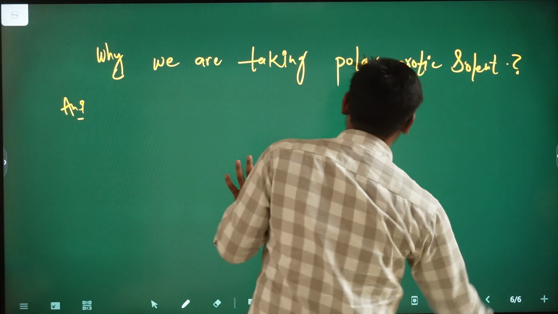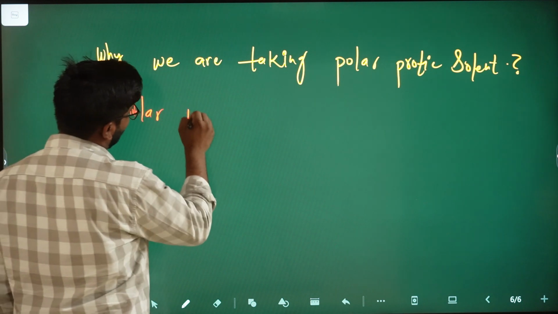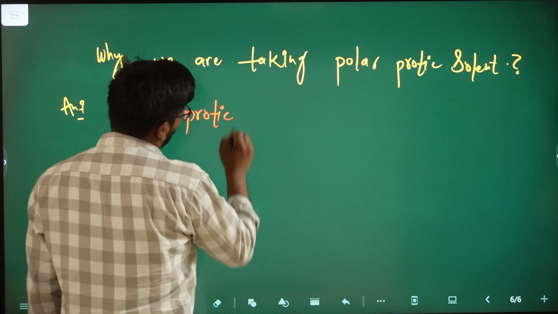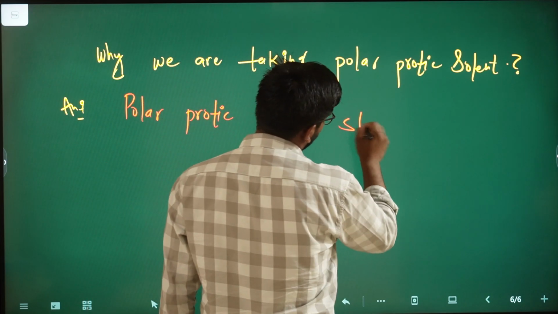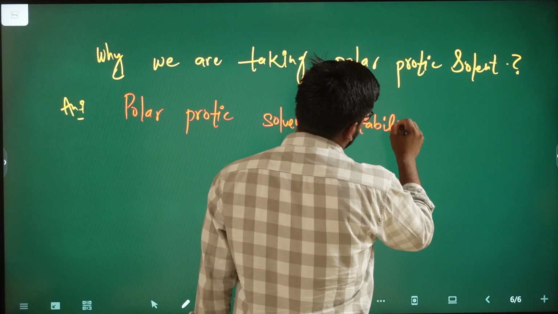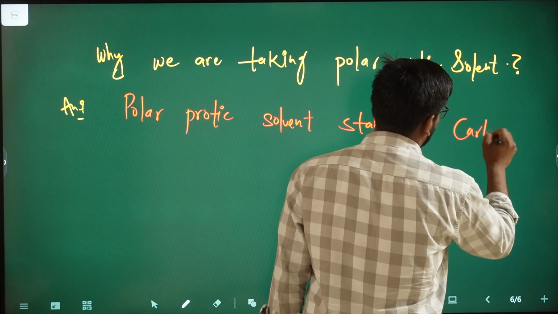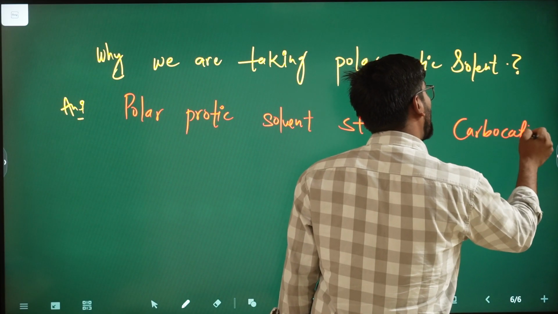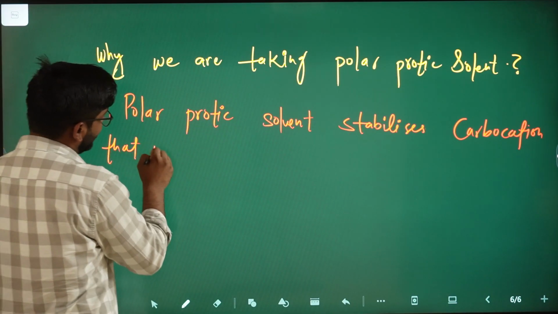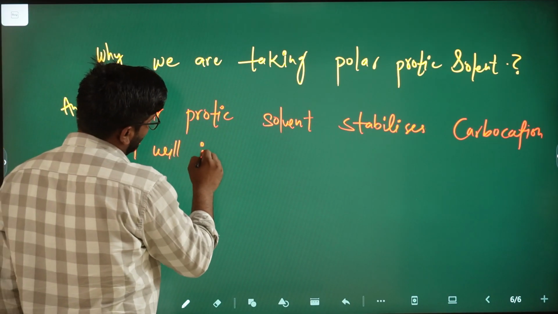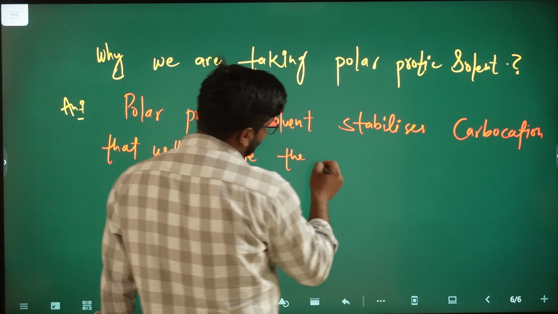So polar protic solvent stabilizes carbocations, and that will increase the rate of reaction.